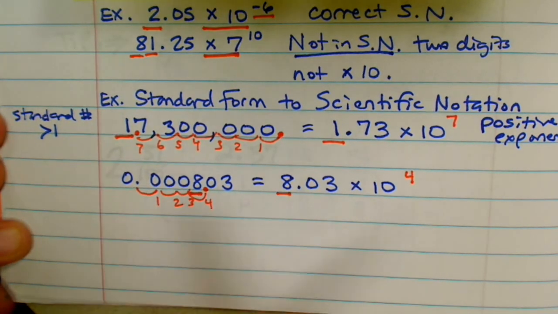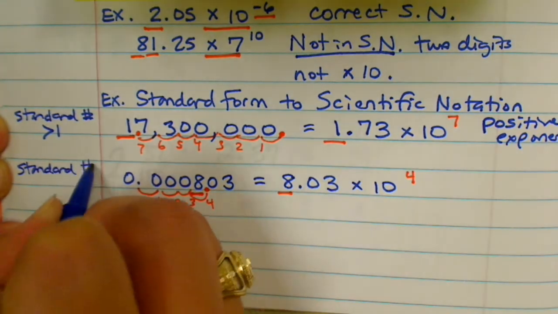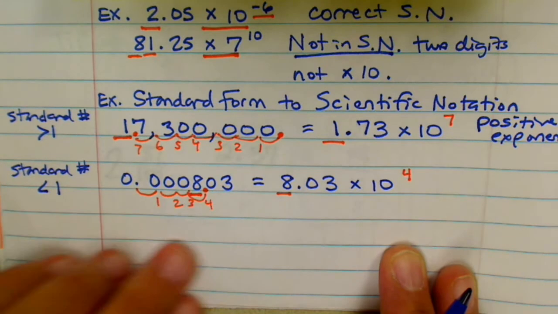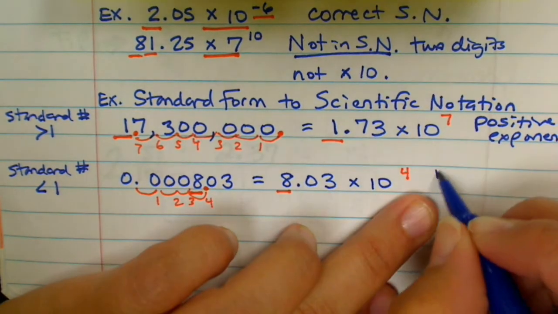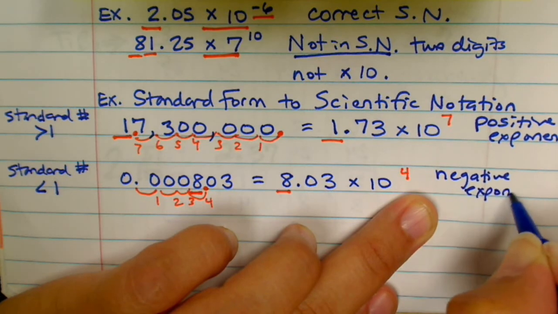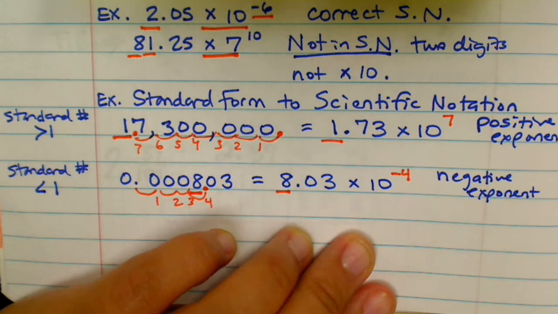In this case, it's not. So our standard number is less than 1. Well, what does that mean? That means that if it's less than 1, we have a negative exponent. So go ahead and write that down. So we need to put a -4 for our exponent.